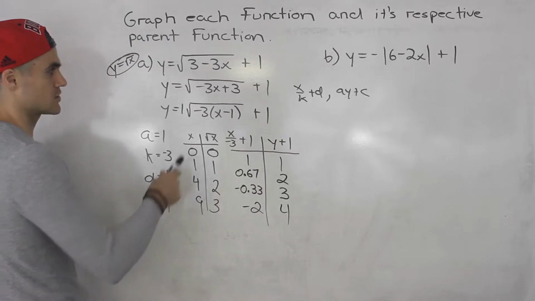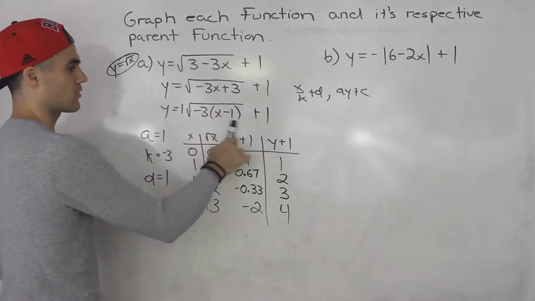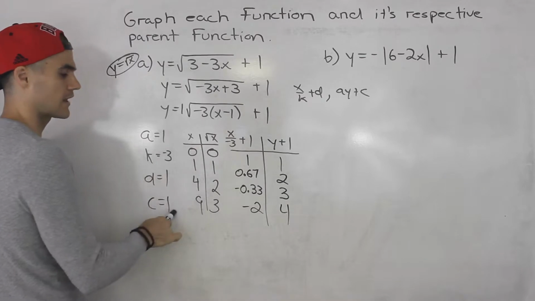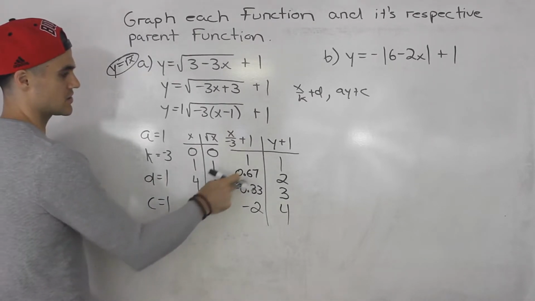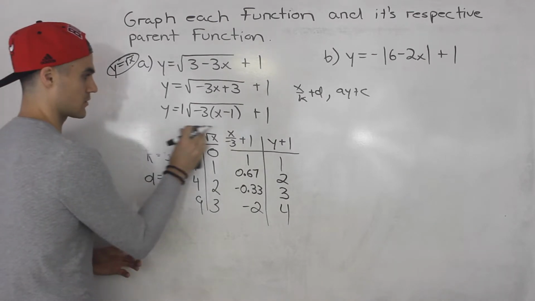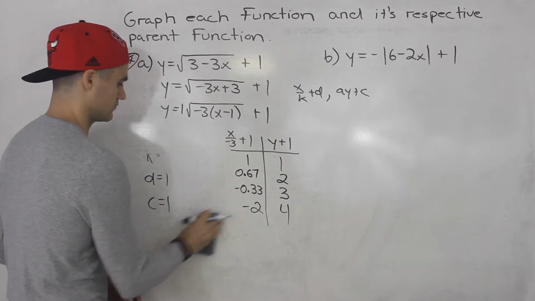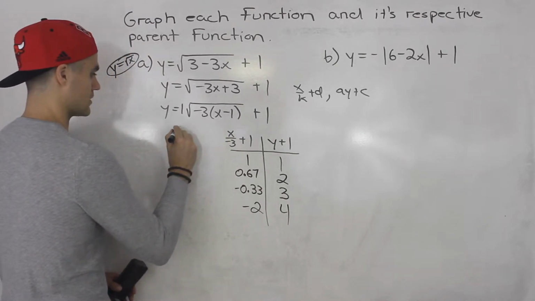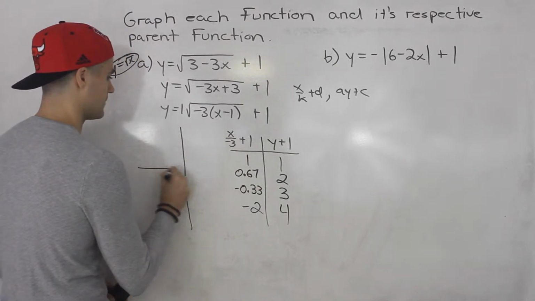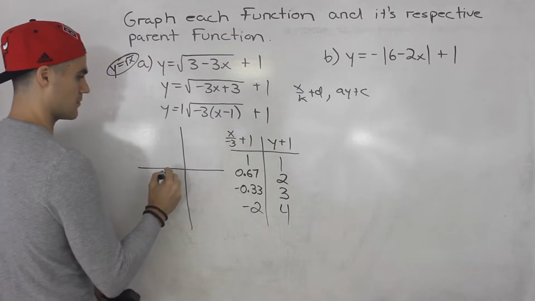And the trick in this question is you wanted to get the function into proper transformation format in order to get the proper transformation values. So now we can just take this and graph this. So I'm actually going to erase this here, and then plot some points over here.